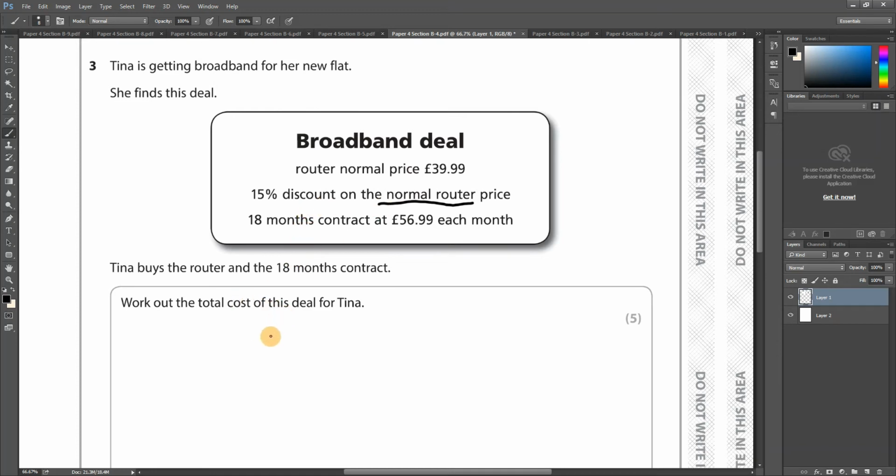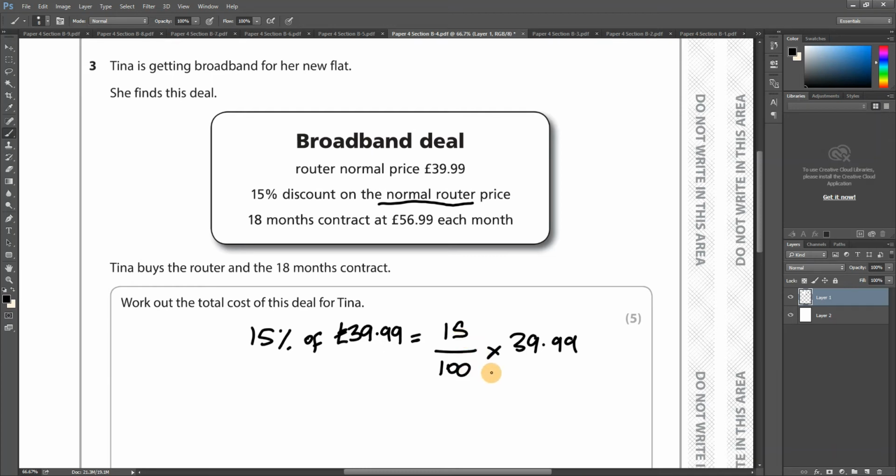So I need 50% of £39.99. Yeah, me personally, I just do literally what it says.